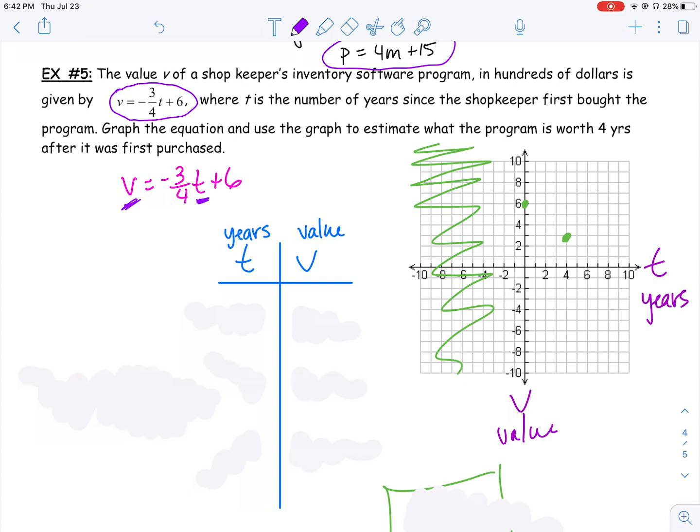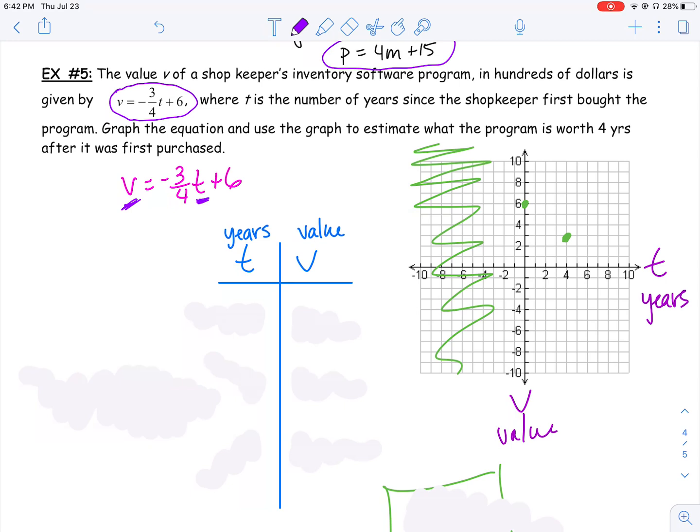But also try to use t's and v's and other types of variables so you're not too stuck on x's and y's. So on this one, we have t's and v's, x's and y's, right? T is our years, v is our value. We can figure out what this equation looks like by graphing it, by finding ordered pairs that work. We can pick t values and find our v values.